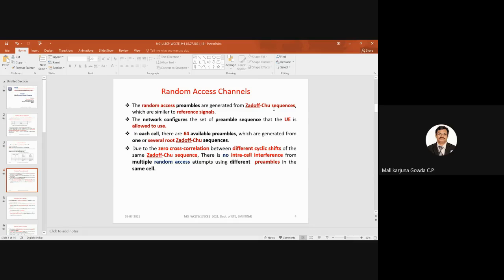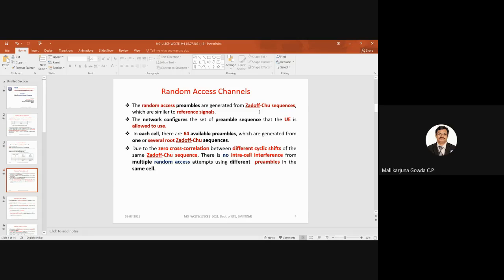So the Z2 sequence plays an important role. I think most of the sequences are generated by using this Z2 sequence. You can just explore what it is. I told at different places what properties of this Z2 sequence are used, and with that they were able to achieve the required goal.